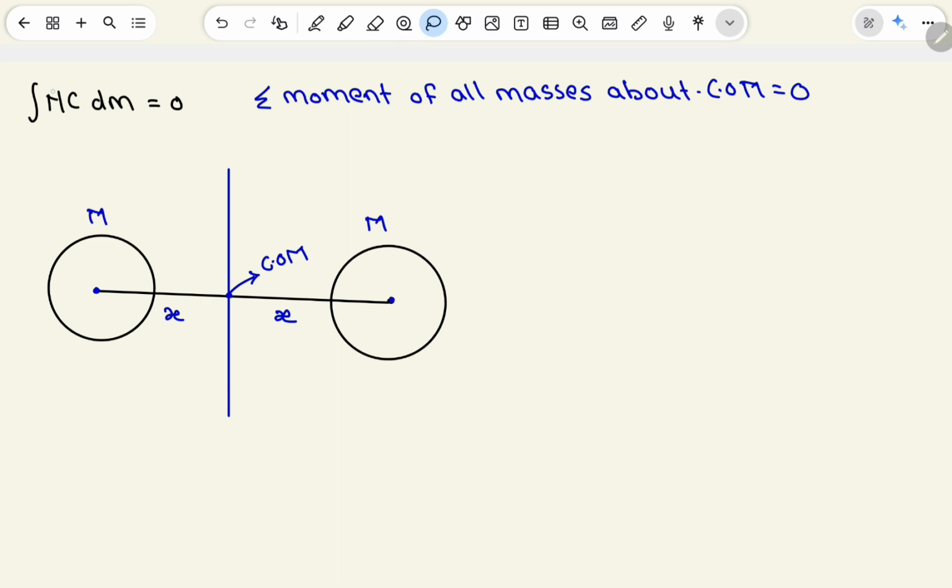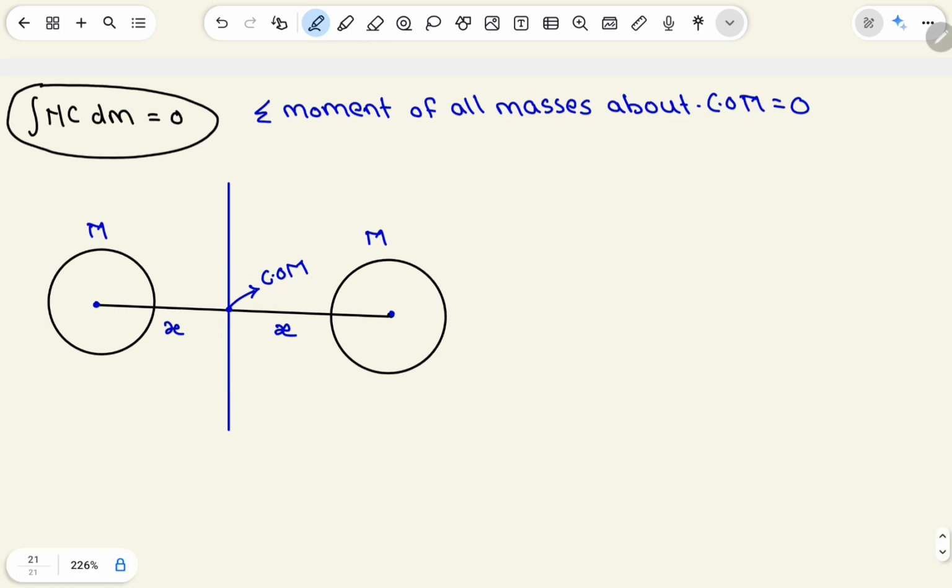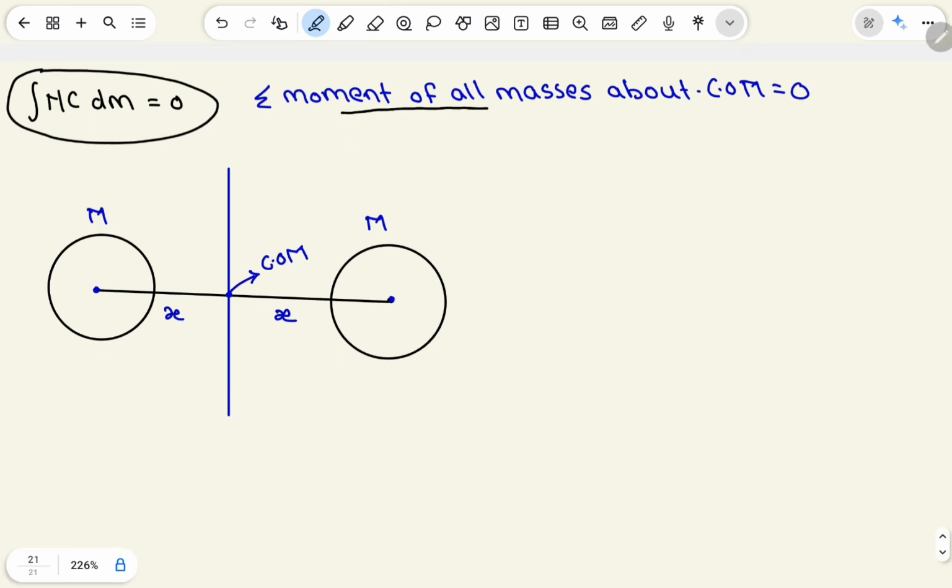So what we had is this term, integral ncdm, equal to 0, and we had to prove that. This integral ncdm is the summation of moment of all masses about center of mass. And we know moment of mass is nothing but the product of mass multiplied by distance.